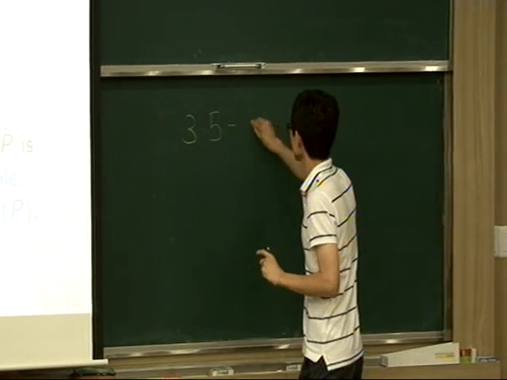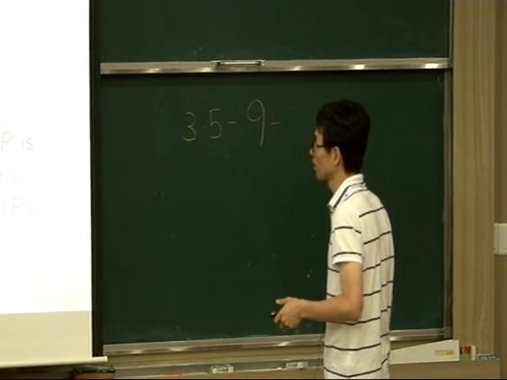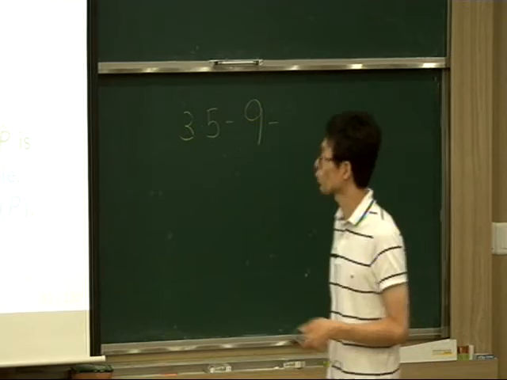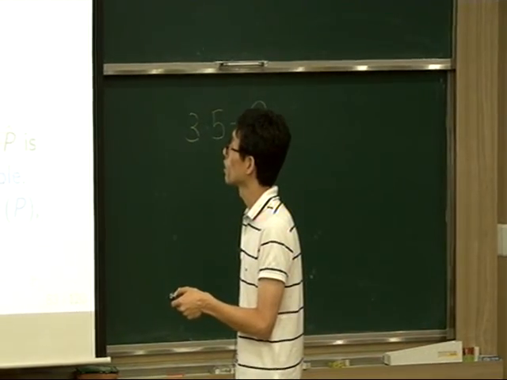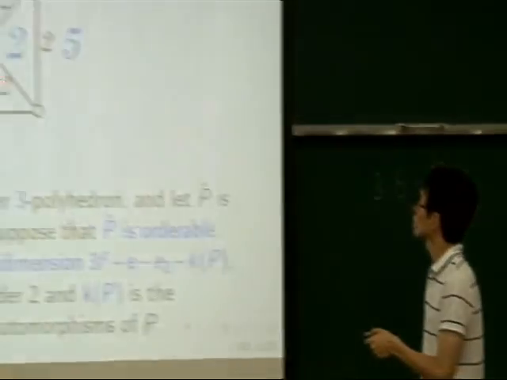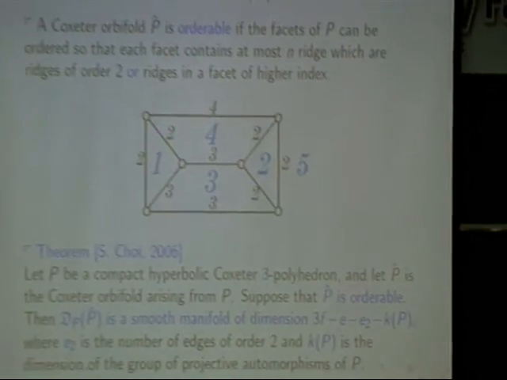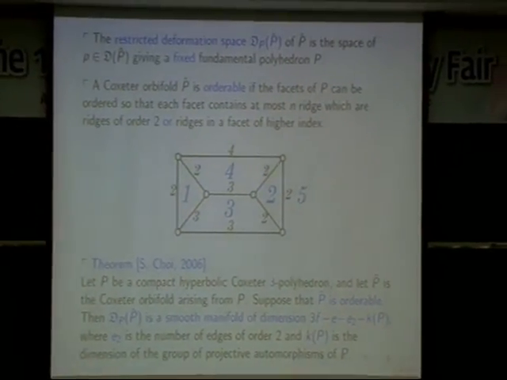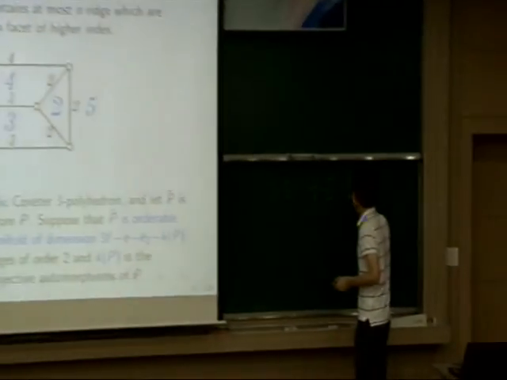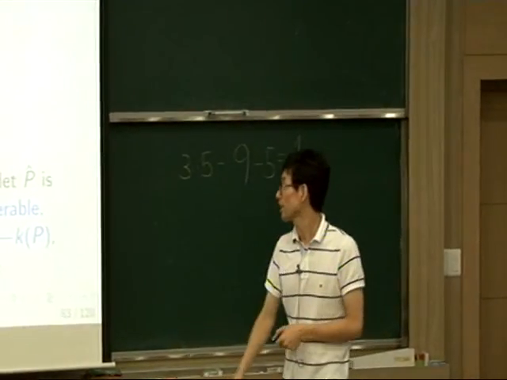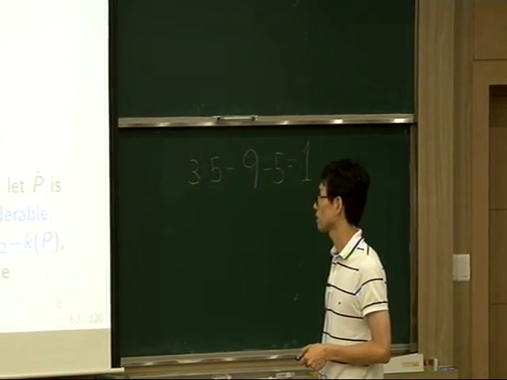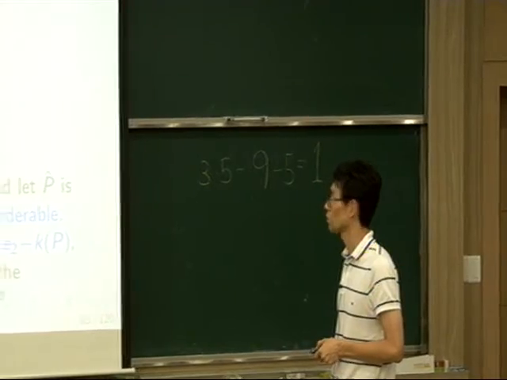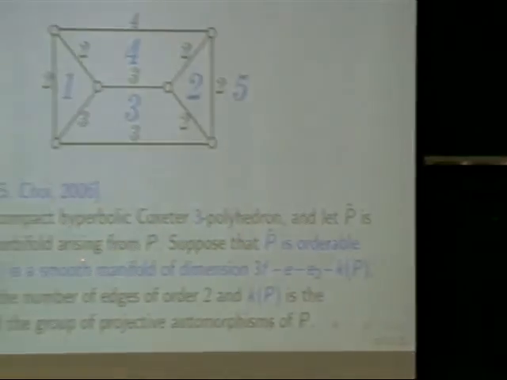And the number of edges of order 2 is 1, 2, 3, 4, 5. So this is 1. It means that this restricted deformation space is a smooth manifold of dimension 1.